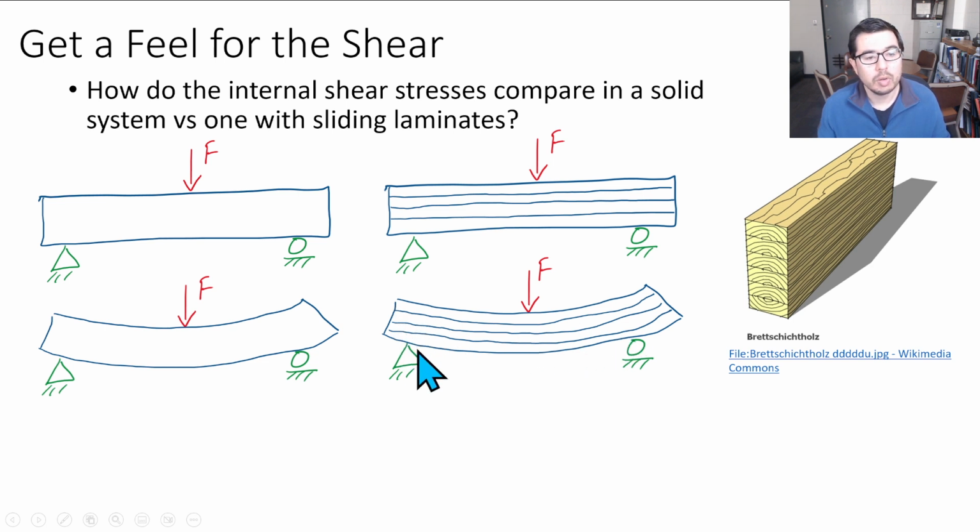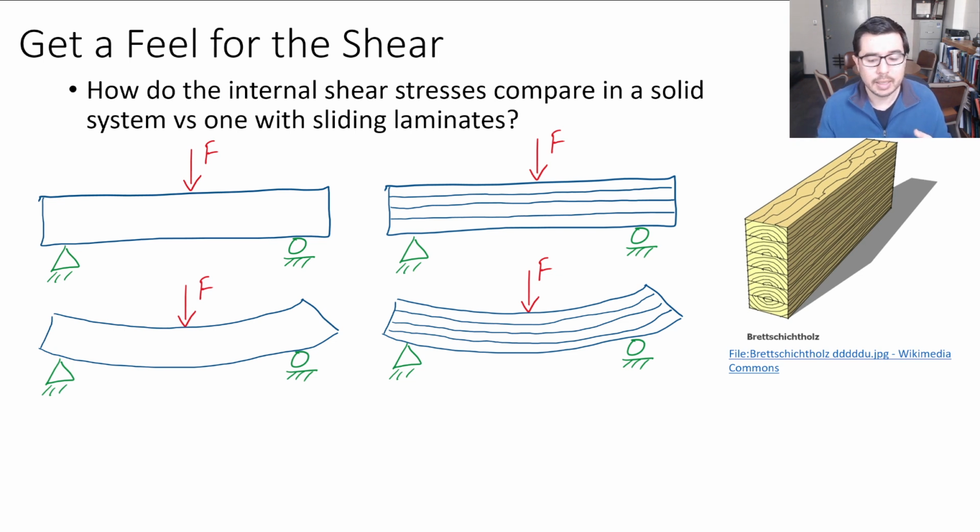We get a sense that if these pieces were not glued to each other, if we had sliding laminates, there would be less resistance to the bending.